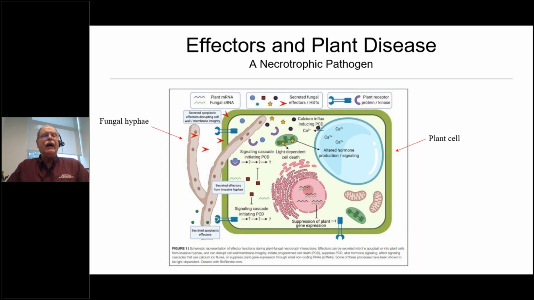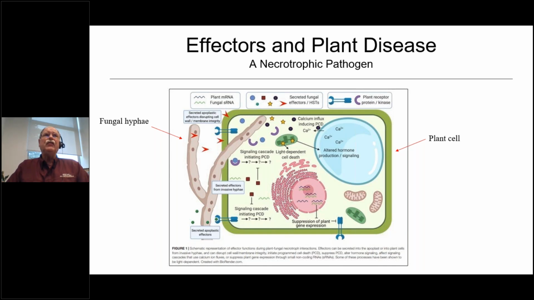A necrotrophic pathogen is a pathogen that when it attacks the host, the plant, it invades the host tissues and kills the host tissue. It tries to kill the host tissue.